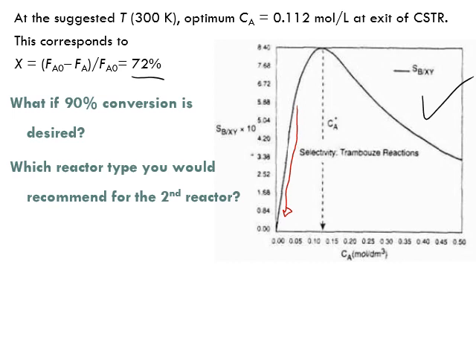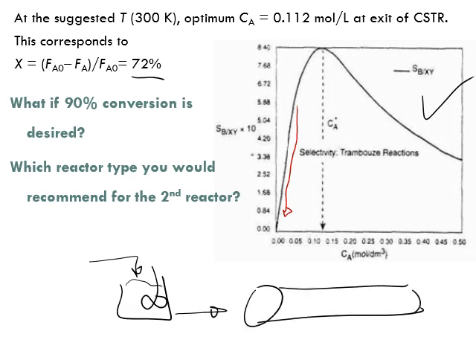That's the best bet if I want to operate at 300 Kelvin. So basically, this is the setup: CSTR followed by plug flow reactor, and you can calculate the plug flow reactor easily, especially if you operate it isothermally.